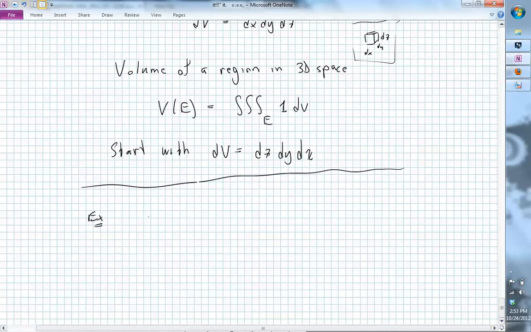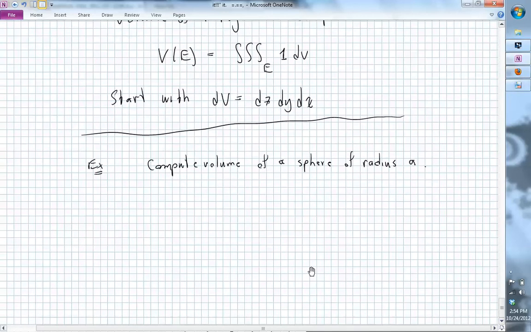Okay, so as I have a tendency to do, let's start with an example where we already know the answer. So let's compute the volume of a sphere of radius a. The way this is going to work is you work from the inside out.